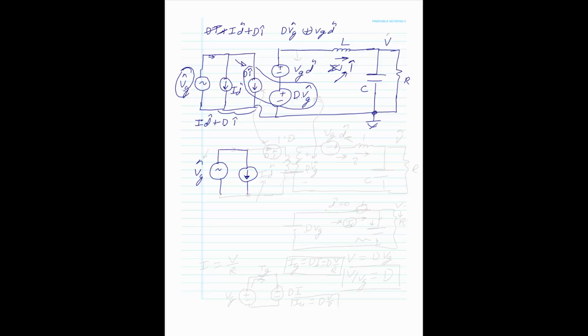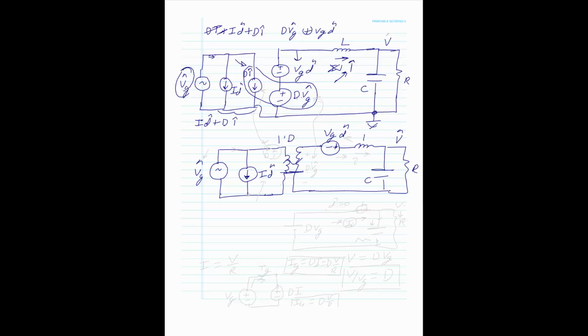You consider it as, of course, ideal, which passes DC and AC, which of course a real transformer doesn't do. But that's how he likes to put it, and Dr. Middlebrook uses a symbol like this to say it transfers DC and AC. And the turns ratio here is 1 to D. And you still have VG, plus minus, which is your VG DC term times an AC term, and then you have your low pass filter. Okay, that's your low pass filter.